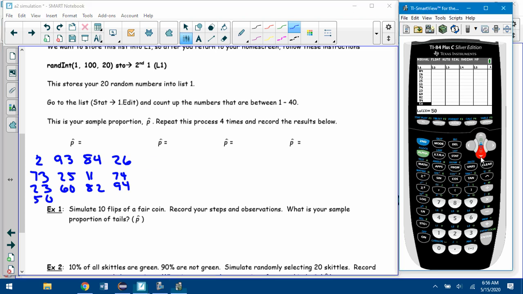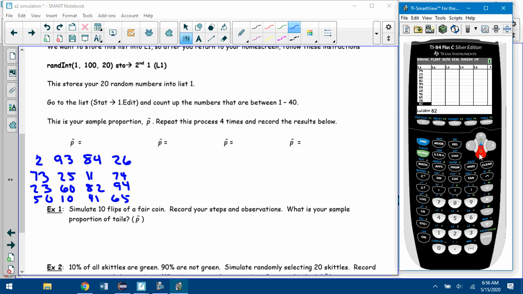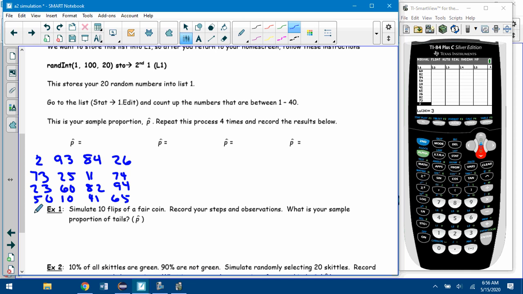And what else have I got? 10, 41, 65. And then my last row is going to be 36, 82, 73, and 3.